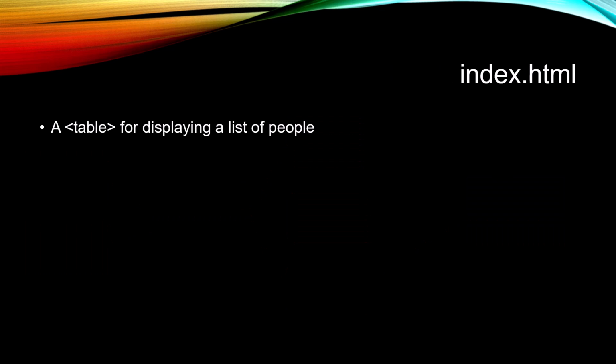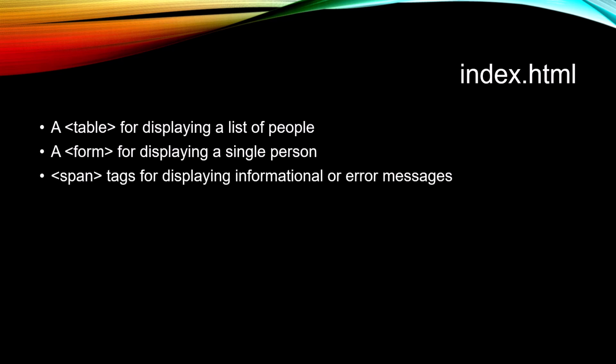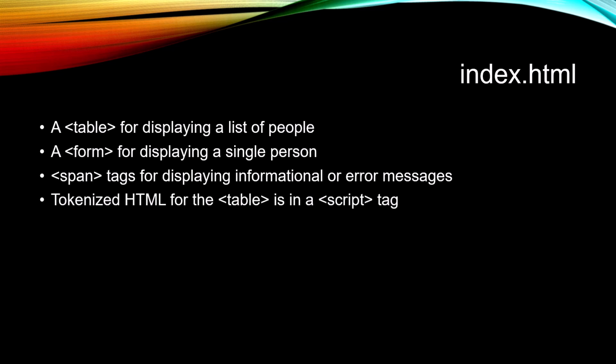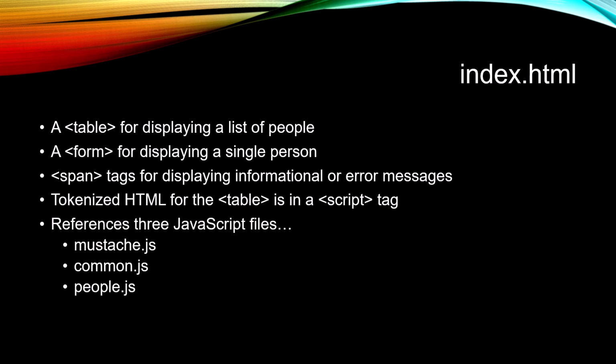The index.html page has the table for displaying a list of people, a form for displaying a single person, span tags for displaying informational or error messages, so you saw each one of these appear on that page at different times. The tokenized HTML for the table is in that script tag that we're going to see in just a minute, and it references those 3 JavaScript files just like I said.